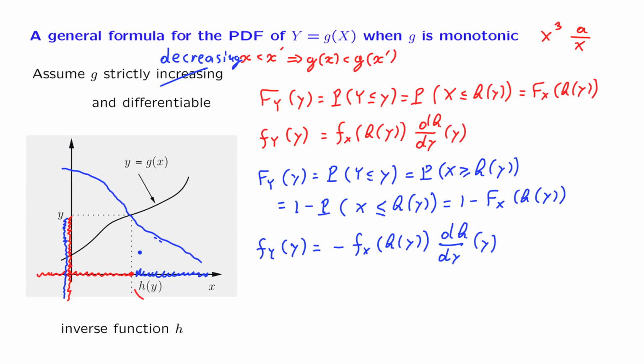Now, in this case, g is a decreasing function of x. So when x goes down, y goes up. When x goes up, y goes down. This means that when y goes up, x goes down. So it means that the inverse function h is going to be also monotonically decreasing.